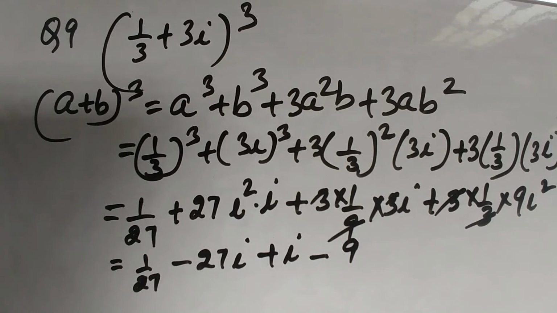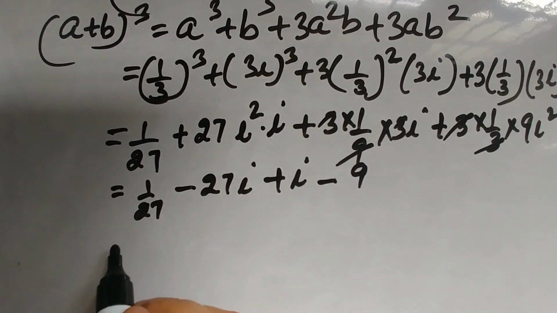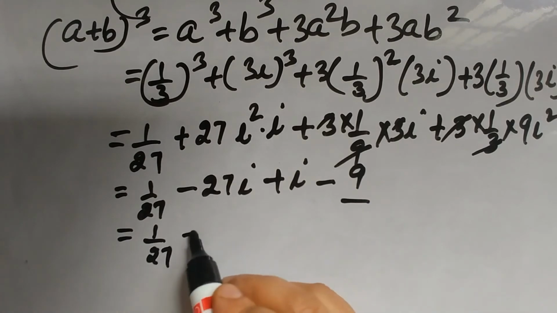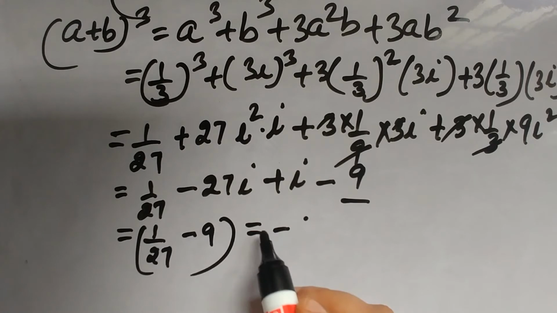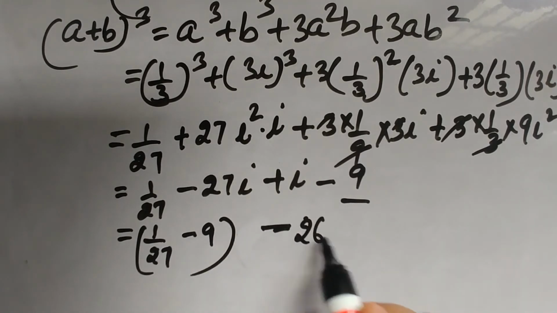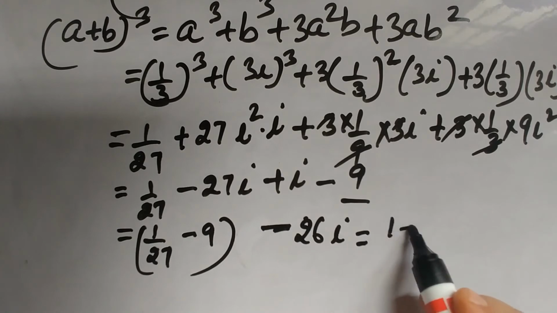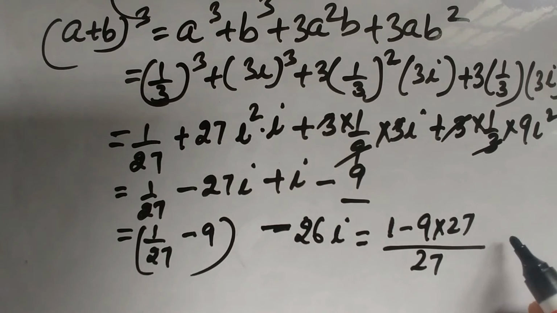Now next, what I can do is I will just change it as 1 by 27. I'll bring the real parts together, imaginary parts together, and it is minus 26 iota. So now let us take the LCM here. So it is (1 minus 9 into 27) divided by 27, minus 26 iota.